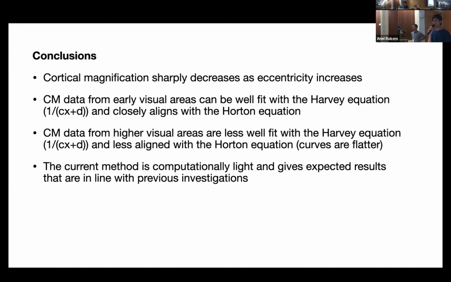But this fit was less well in higher order visual areas. I think the main takeaway is that this method of computing cortical magnification is relatively computationally light, and it also gives results that we actually expected and that are in line with several previous investigations.